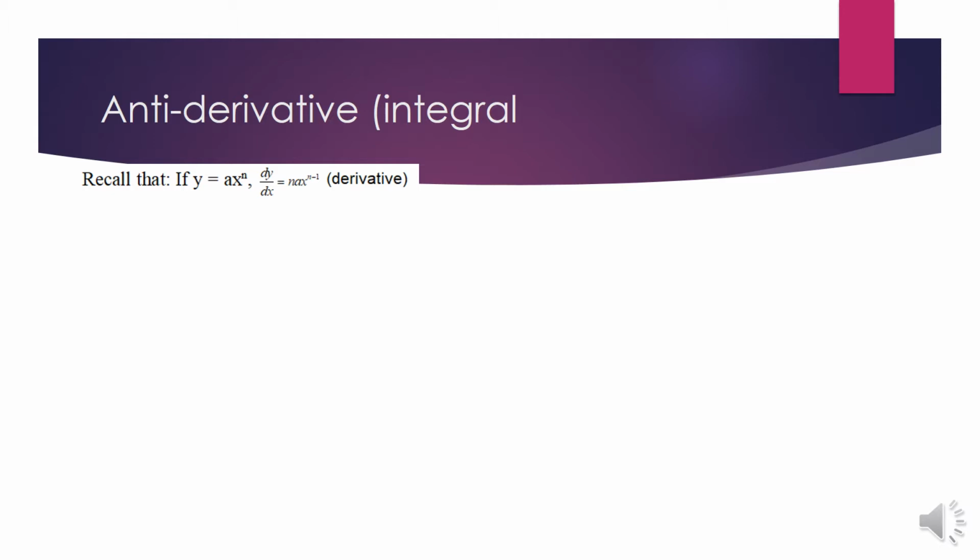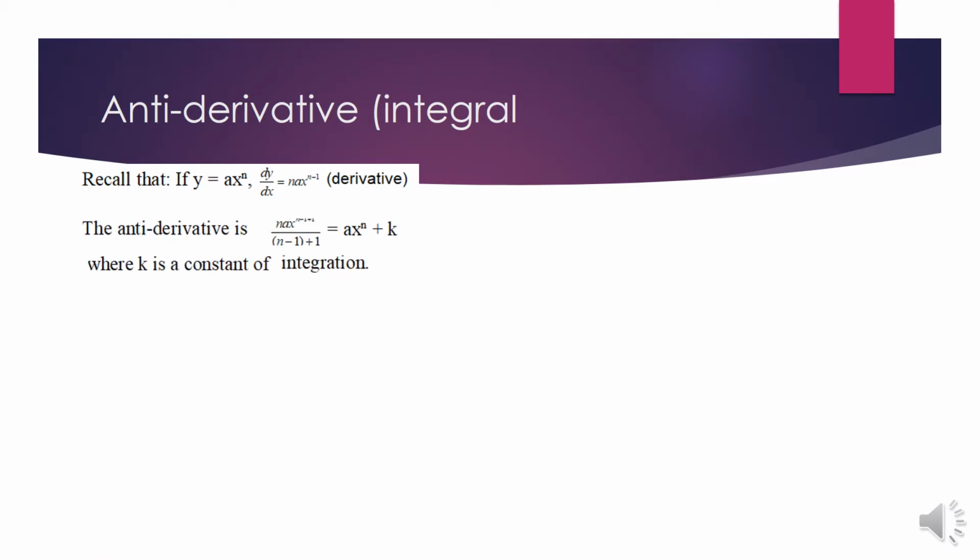Recall that if y equals ax to power n, then dy/dx equals nax to power n minus 1. We've multiplied by the power and we've stepped down the power. We have reduced the power by 1, we have multiplied by the power.